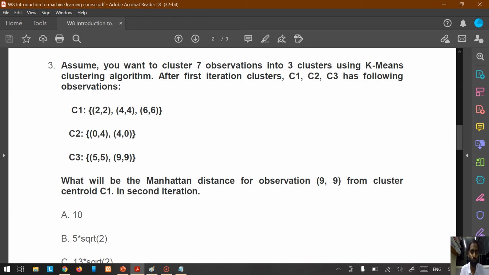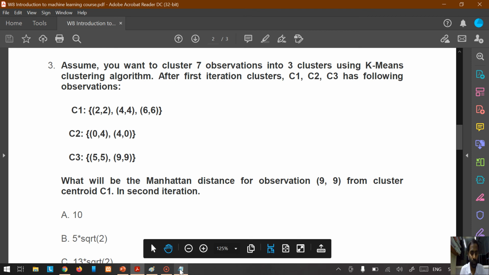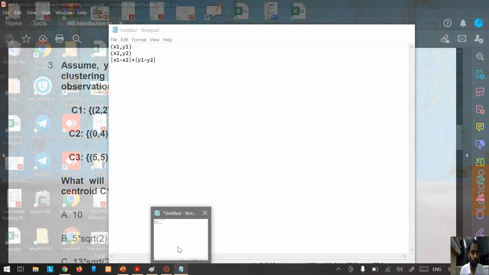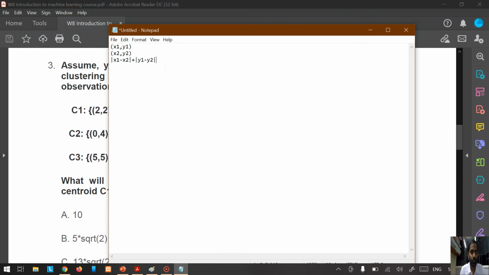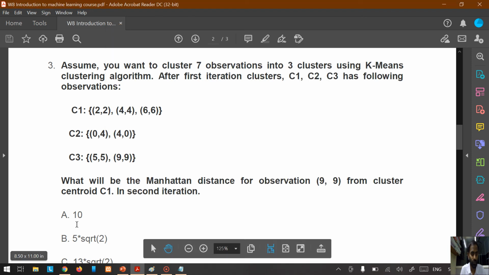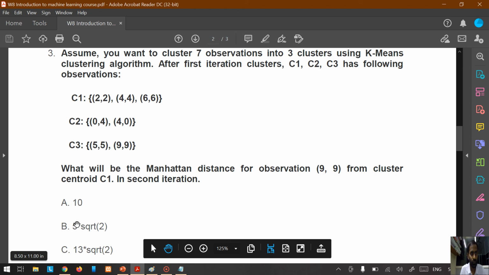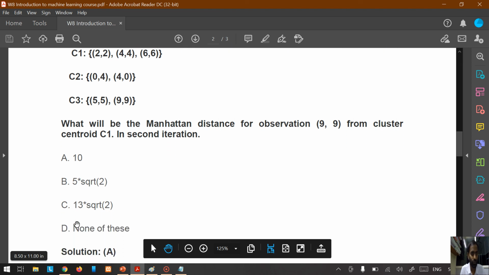So one point is (4, 4) and the given observation is (9, 9). Now we calculate the absolute value of 4 minus 9 plus the absolute value of 4 minus 9, that is 5 plus 5, so the answer is 10. Likewise you have to find the solution.